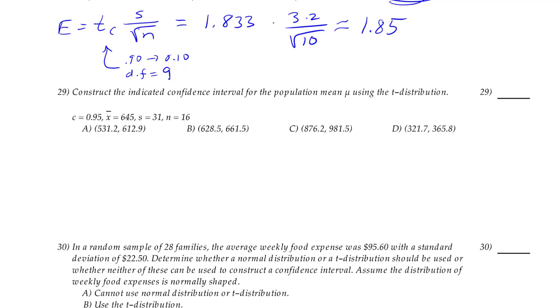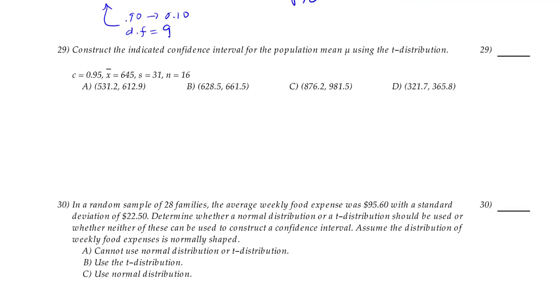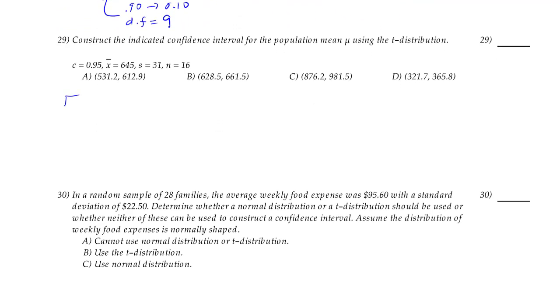All right, confidence interval using this information. Again, first it starts with getting the margin of error. For 95%, that's going to leave us 0.05, 5% in the tails.